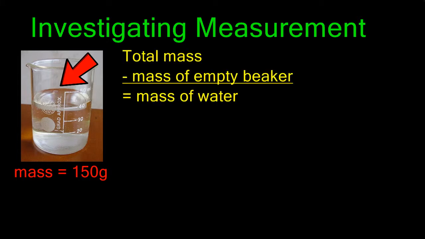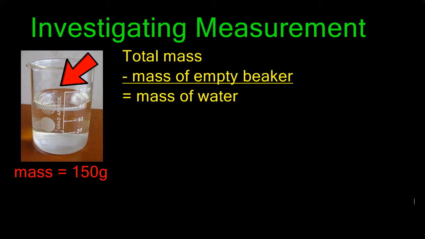You would take the total mass of the beaker and the water, subtract the mass of the empty beaker, which we know is 150 grams in this case, and that would give you the mass of the water inside the beaker. Let's do an example.